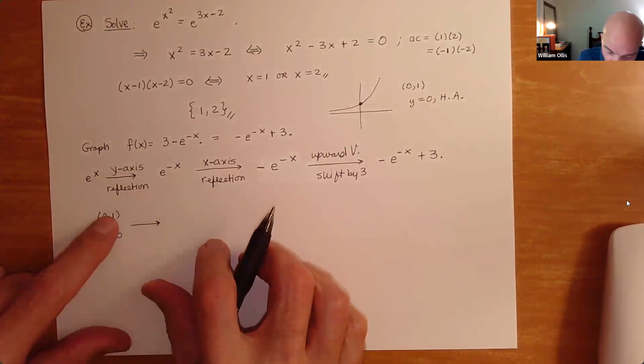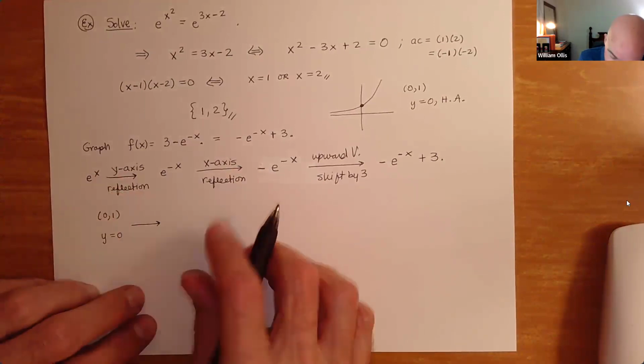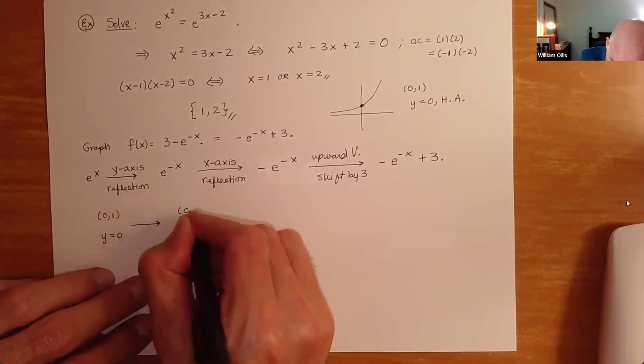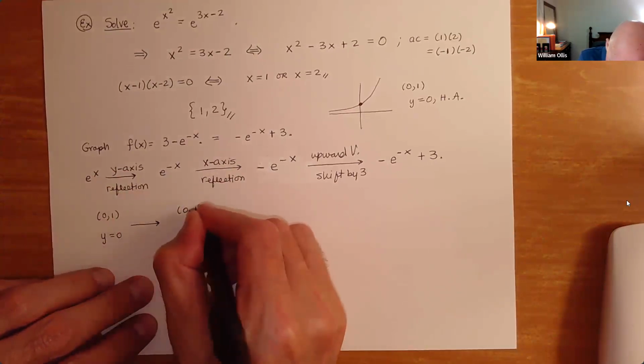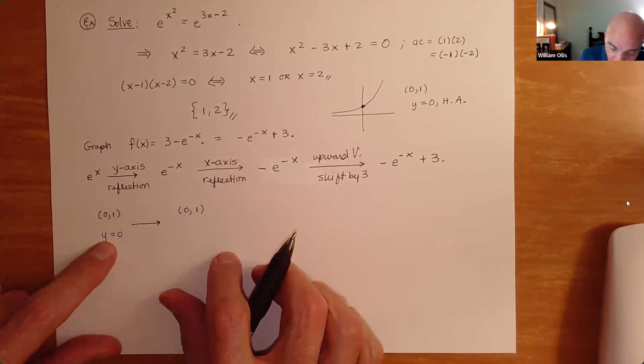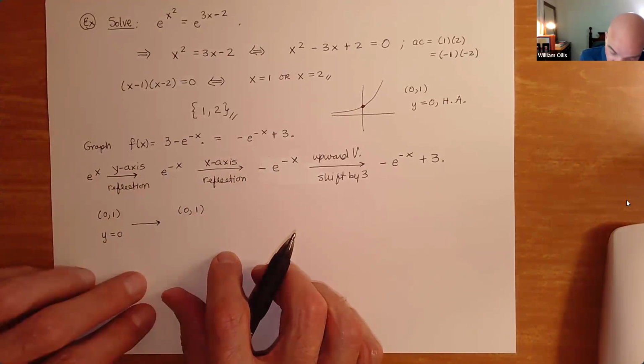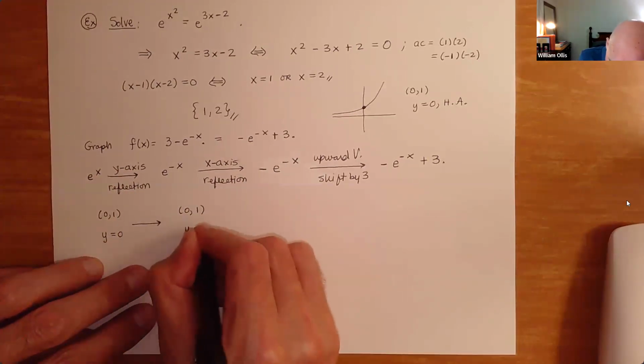So we have 0, 1, and we have y equals 0. Now, of course, for the point 0, 1, we're doing a y-axis reflection, so we're replacing the x-coordinate with its additive inverse. That's not going to change. And the horizontal line will not be changed either, so we just have y equals 0.